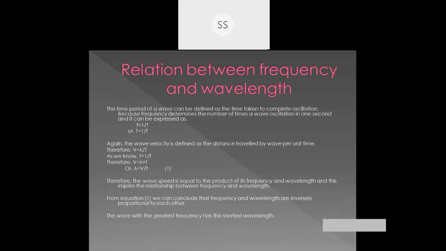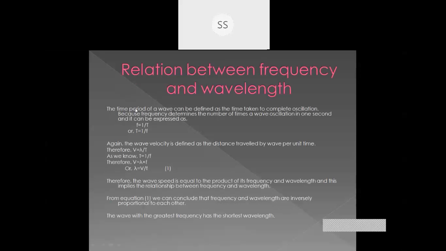The next topic is the relationship between frequency and wavelength. The time period of a wave can be defined as the time taken to complete one oscillation. This is the definition of time period.